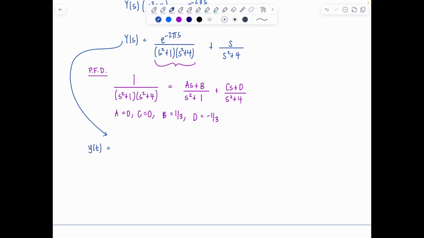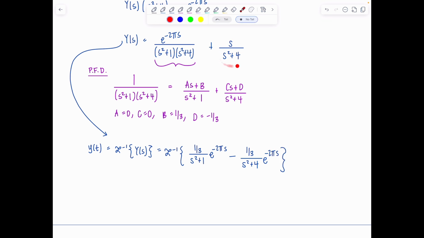So y of t is going to be the inverse Laplace of Y of s. So that's going to be inverse Laplace of, we've got 1/3, because A is 0, so 1/3 over s squared plus 1 times e to the negative 2 pi s, minus, since D is negative, 1/3 over s squared plus 4 times e to the negative 2 pi s.